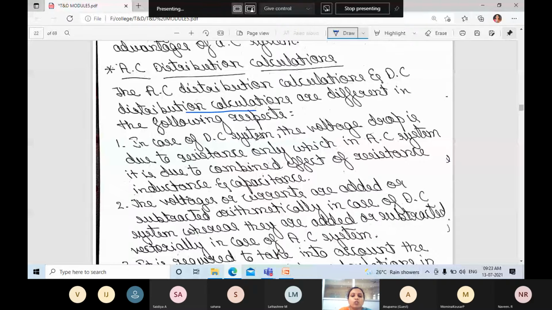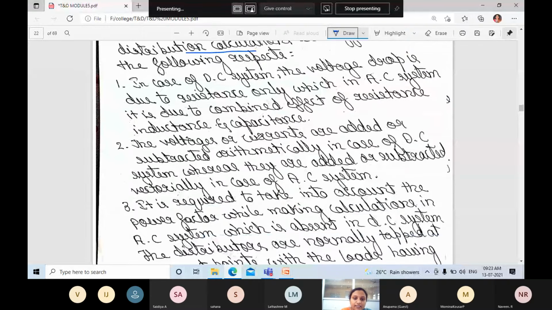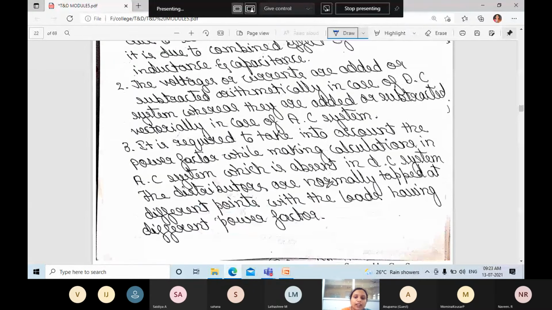Voltage and current are added or subtracted arithmetically in a DC system, whereas in an AC system they are added or subtracted vectorially. We cannot add or subtract arithmetically in AC; it should be vectorial.